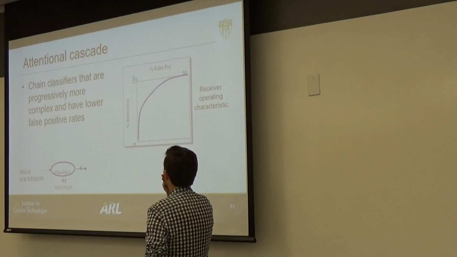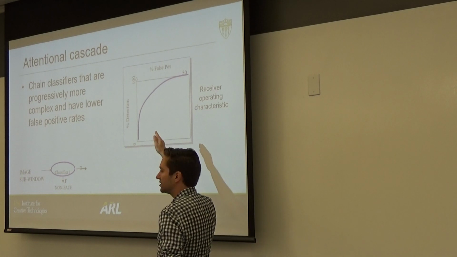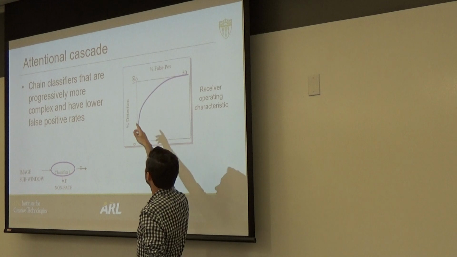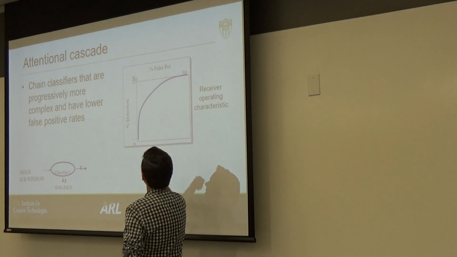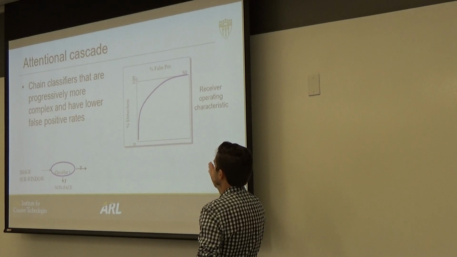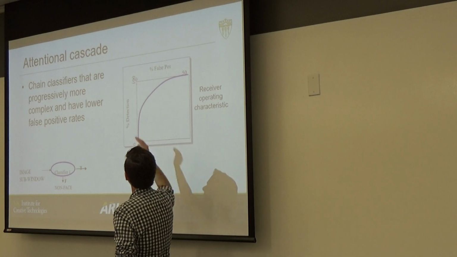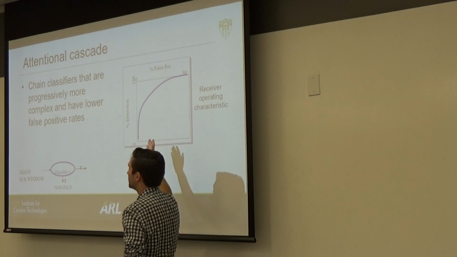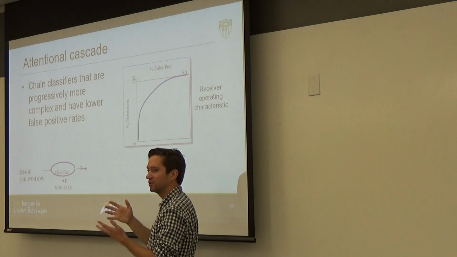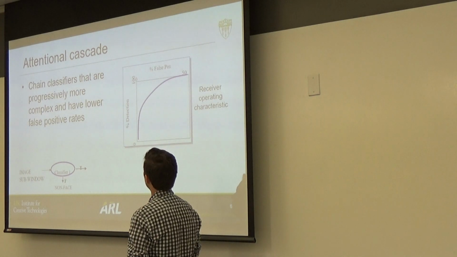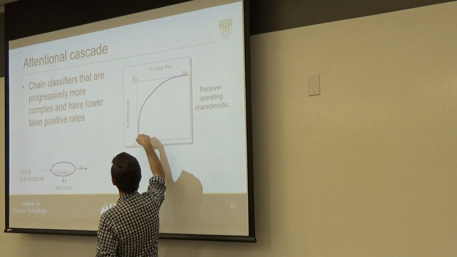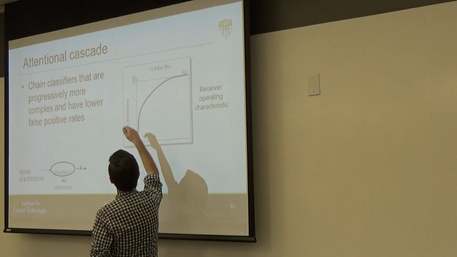It plots the rate of true positives on this axis and false positives on the other. What you want is basically 0 false positives and 100 true positives. That means you detect all the good examples, you classify them correctly. So you want that curve to be really in the top left corner.